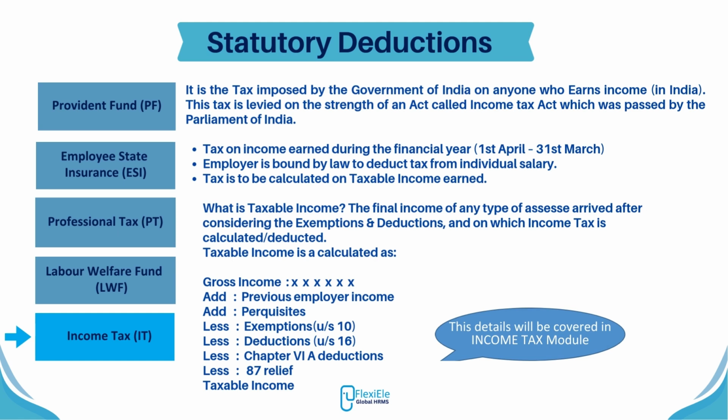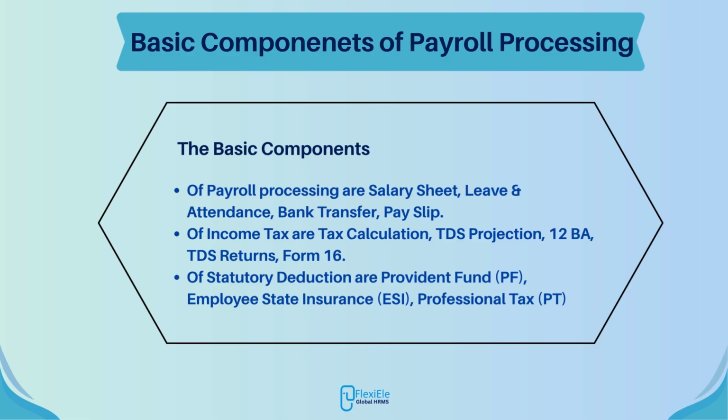Once those are applied, your taxable income is figured out and the tax is deducted accordingly. This whole process isn't random, it's governed by laws and handled by your employer to ensure your contribution goes to the right places. So, payroll processing includes salary sheets, attendance data, payslips, bank transfers, income tax computation, TDS return, and statutory compliance.